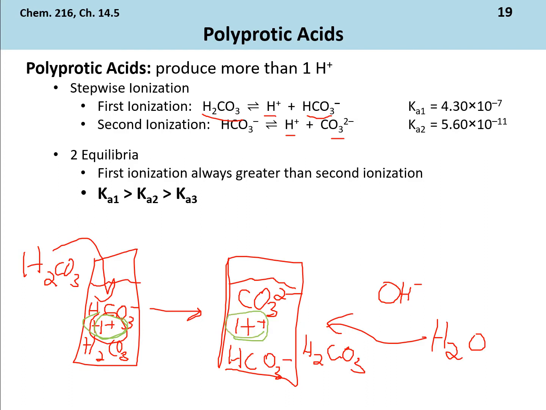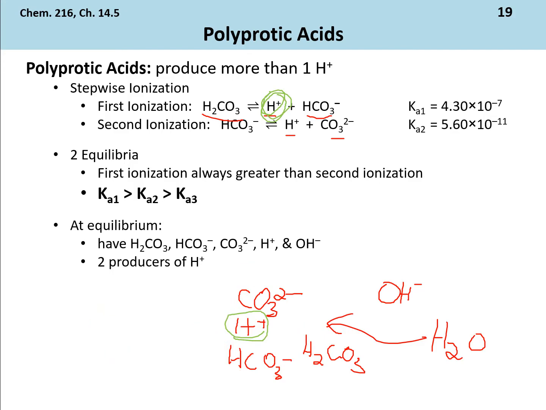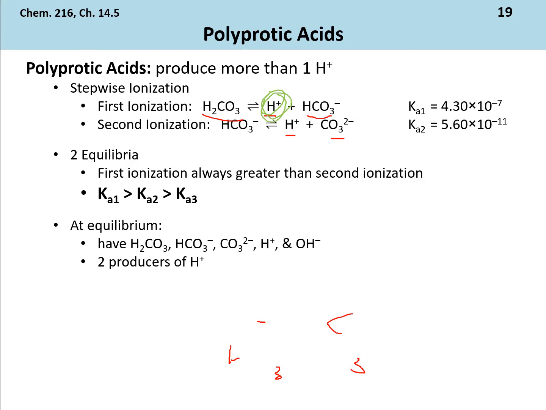It turns out that the initial producer of H+ is always going to be the bigger of the two. It's going to be the primary producer of that H+. The reason is your Kas. Notice that Ka1 is so much bigger, so it's going to produce way more H+.